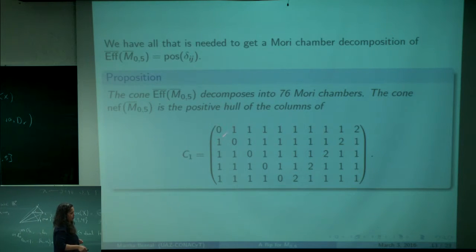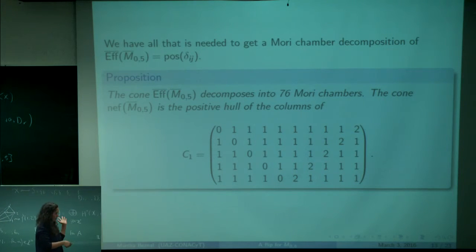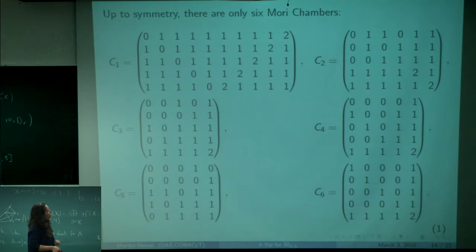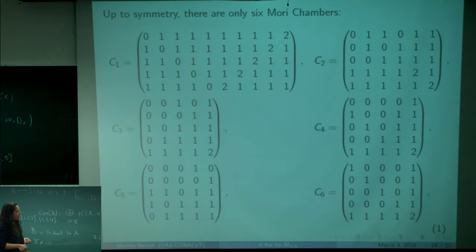The effective cone is the positive hull, in the choice of basis I made before, of these columns here. So you get 10 generators for the effective cone. And up to symmetry, there are really only 6 Mori chambers, including the one corresponding to the effective cone.